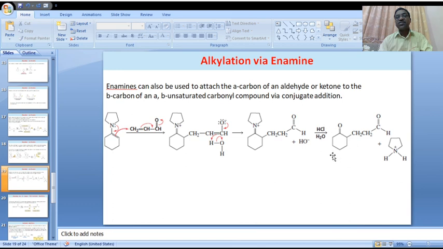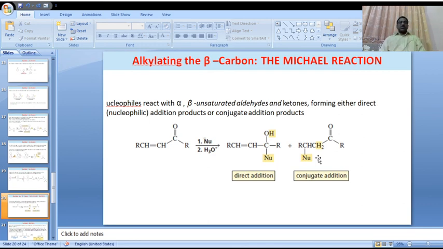The nucleophile attacks the beta carbon, alkylating the beta carbon. The nucleophile may attack by direct addition or conjugate addition. The first compound is a direct addition product; the second type of compound, the conjugate addition product, we get in this reaction.